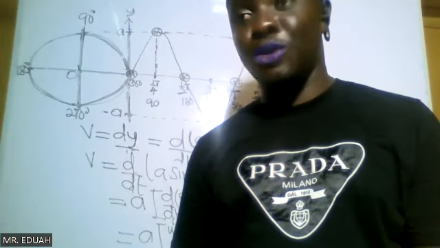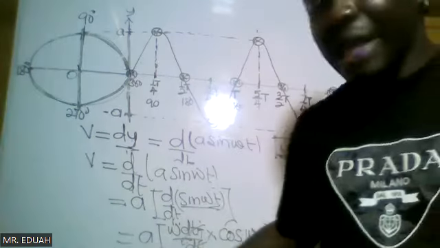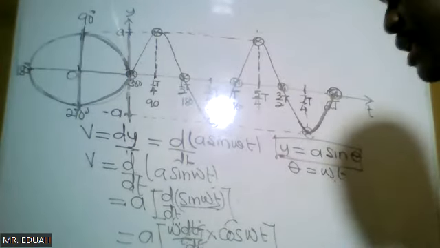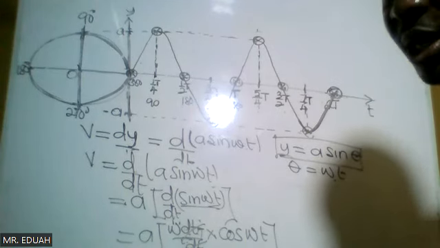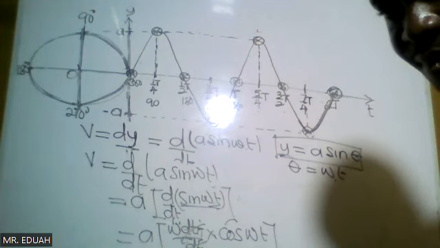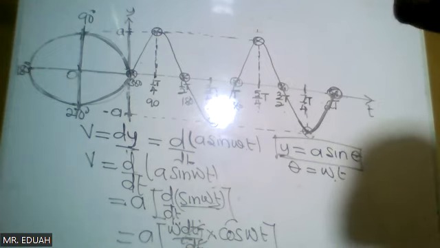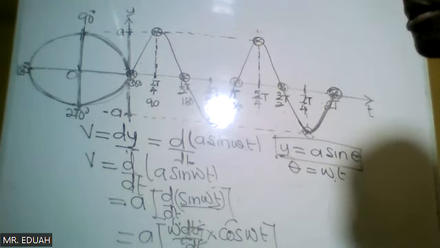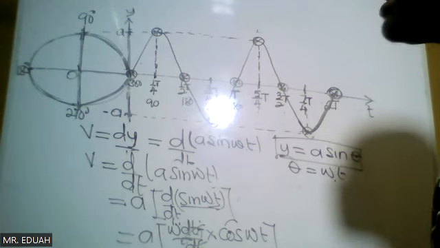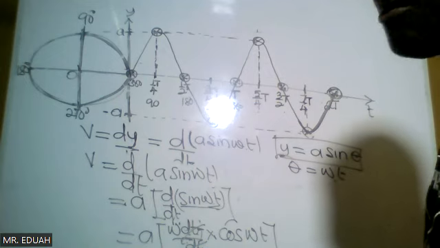After calling you that number of times, where does the maximum velocity occur in an oscillating body or a body doing SHM? Hilda. Please, I'm thinking about it. Janice, where does the maximum velocity occur? And where does the minimum velocity occur?